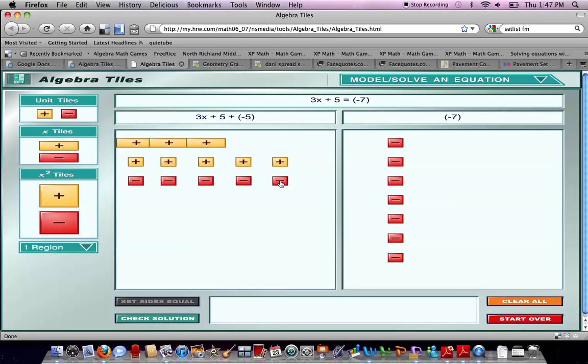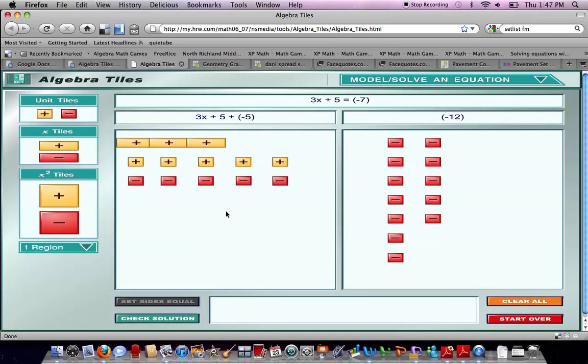However, remember that if I add 5 negatives to this side, I better add them to the other side as well. It does take a little while to drag them all over there, but it's still a kind of cool way to solve equations. All right, so there we go.